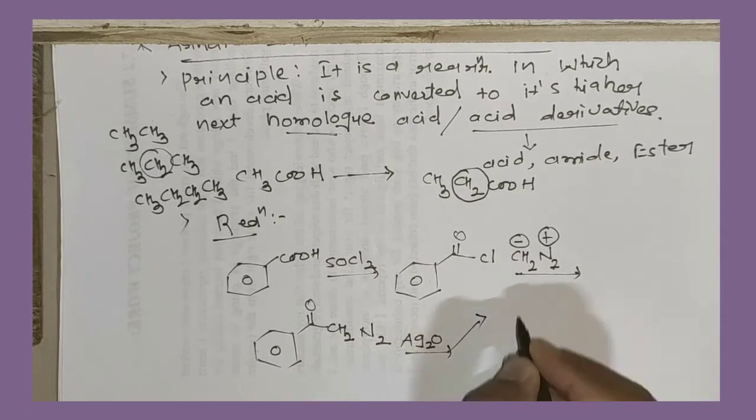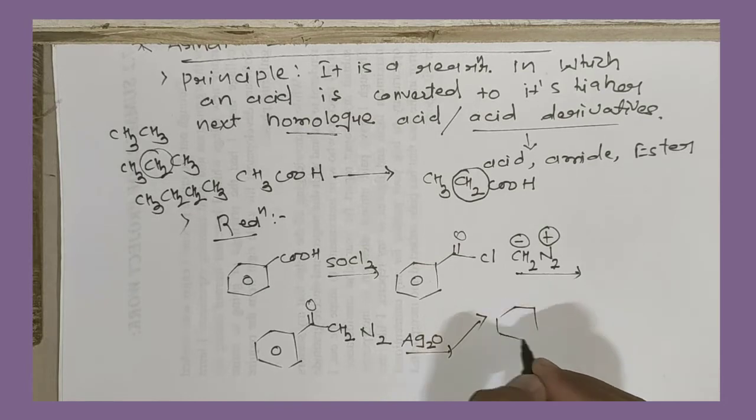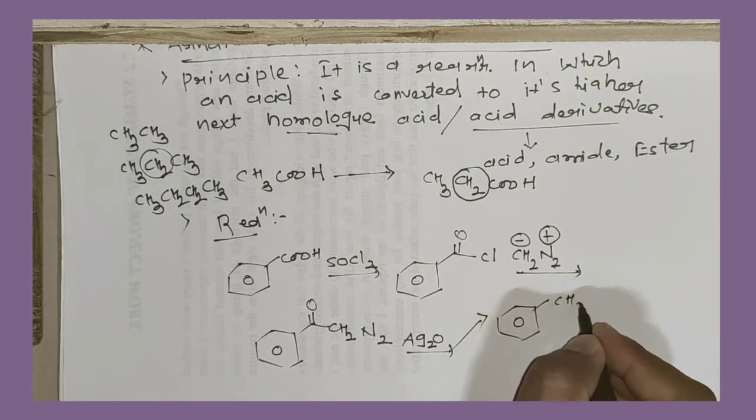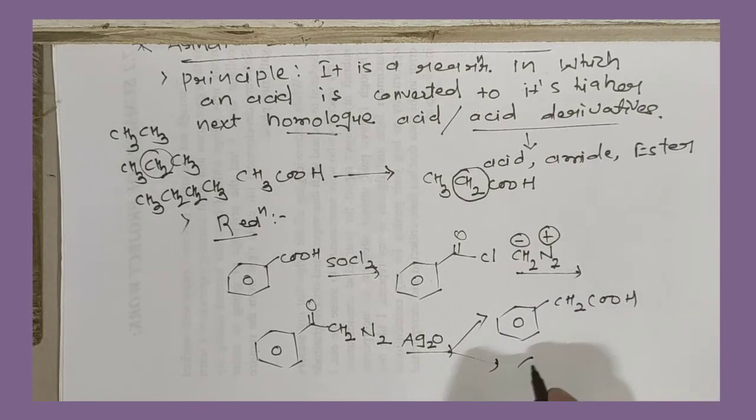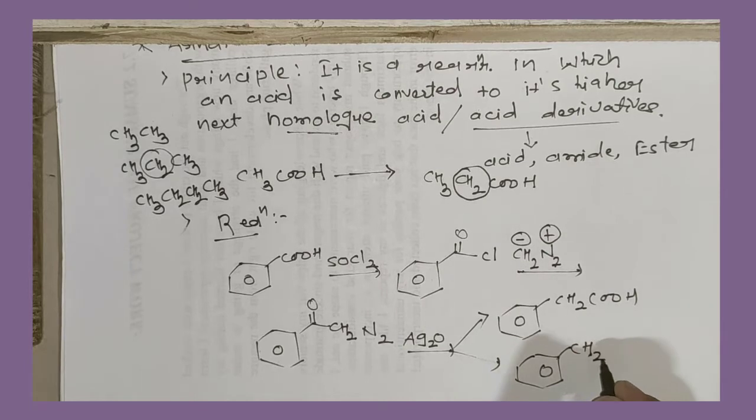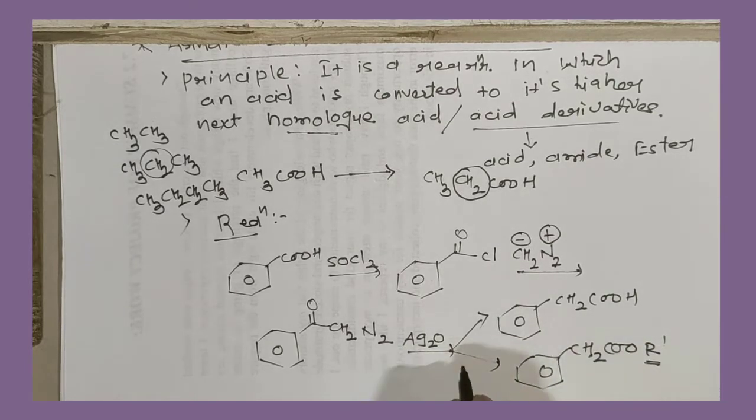gives 3 products. First one may be the acid itself, so one CH2 more than the starting material. Second may be ester, CH2COOR'. Here R' may be any alkyl group or aryl group.